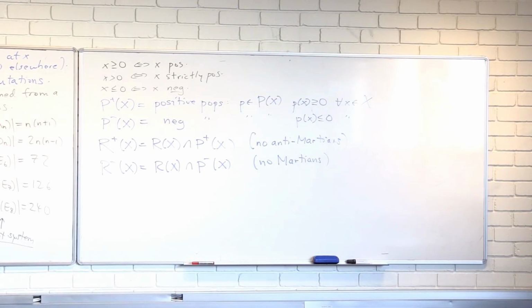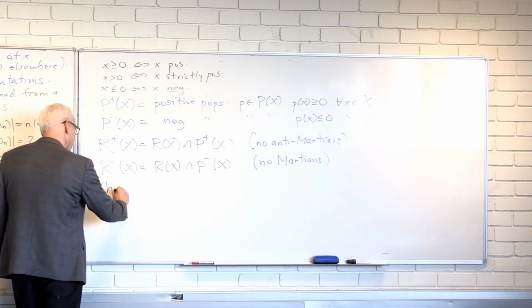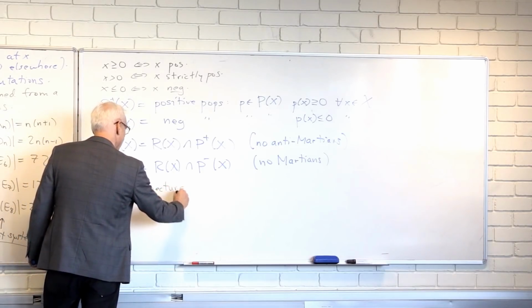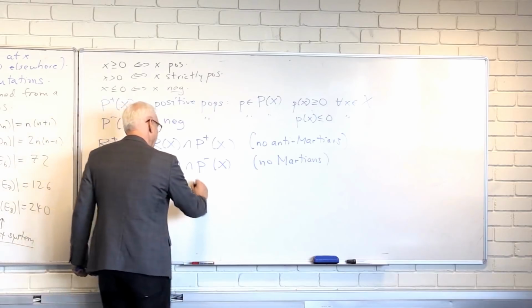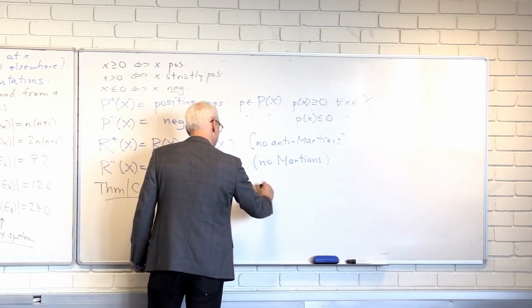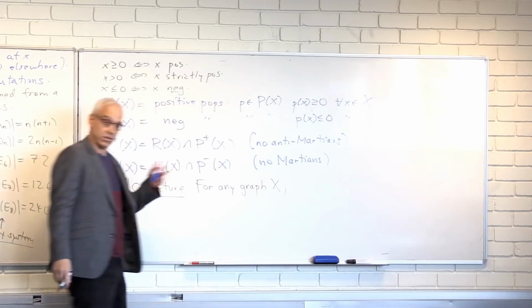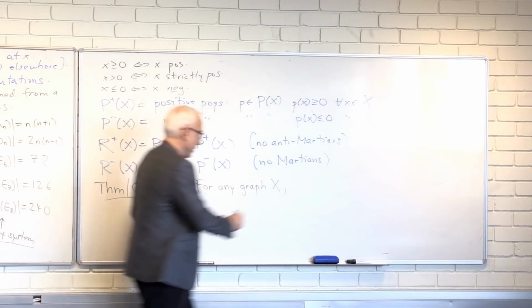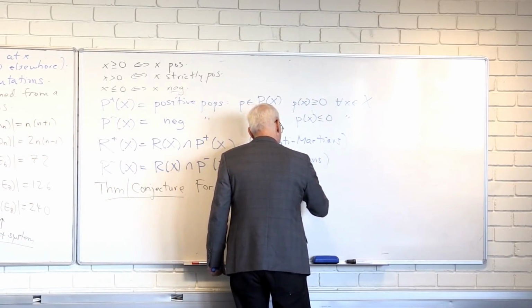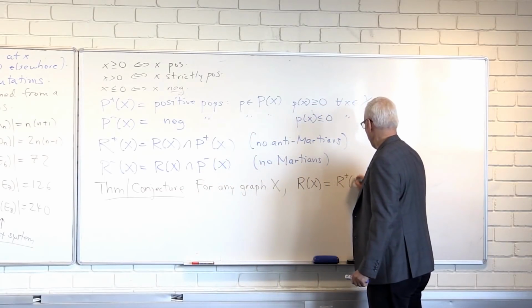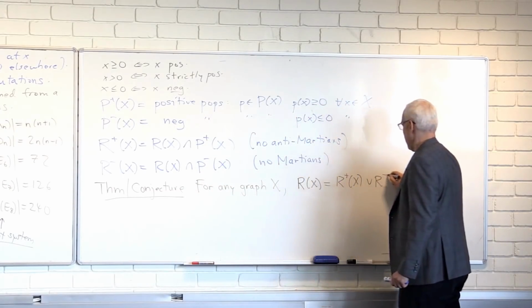Okay, so now here is a kind of a theorem, but it's theorem conjecture. I'll explain that in a second. Theorem conjecture, that for any graph x of the kind that we're considering, that is a connected simple graph, the root populations are always either positive or negative.